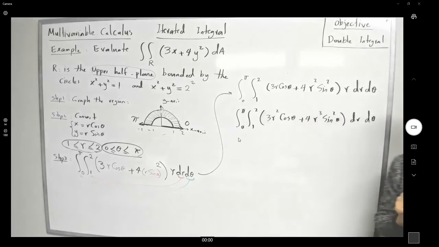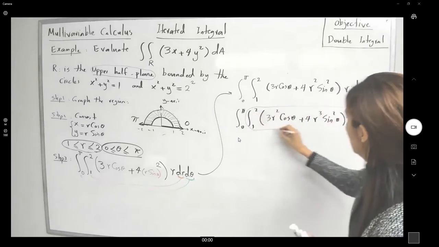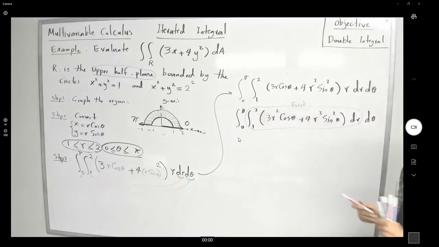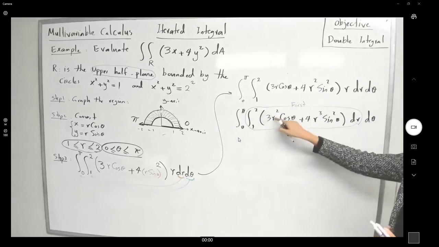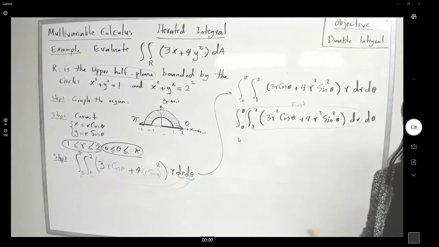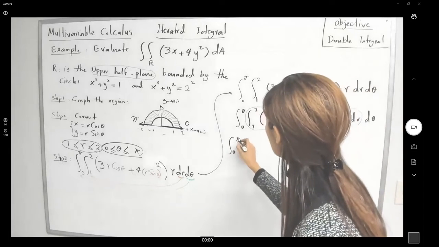Well, let's take the integral with respect to r first. This is our inside integral, first integral. It's not very hard to find the integral with respect to r. Well, here r to the second, r to the third, and theta acts like a constant. So this is the integral 0 to pi.